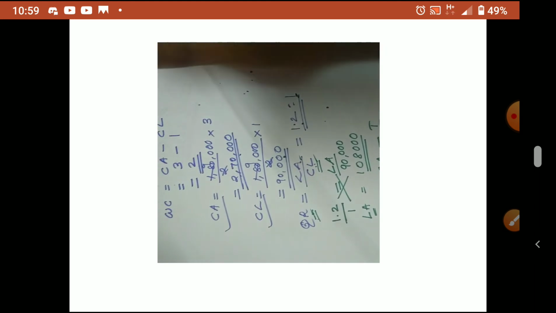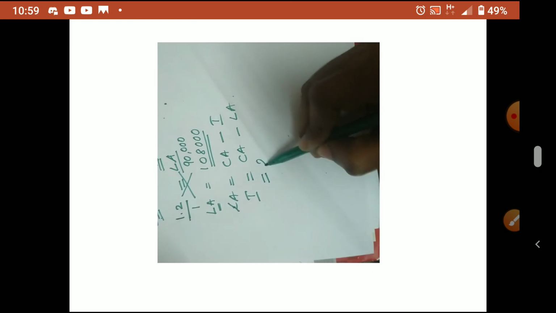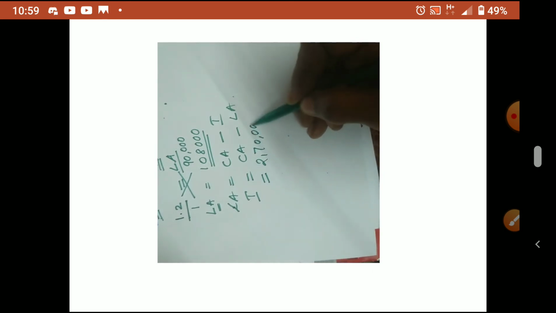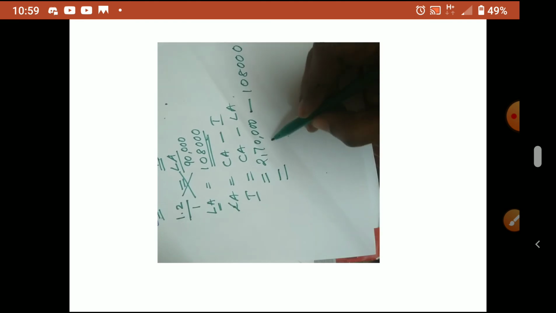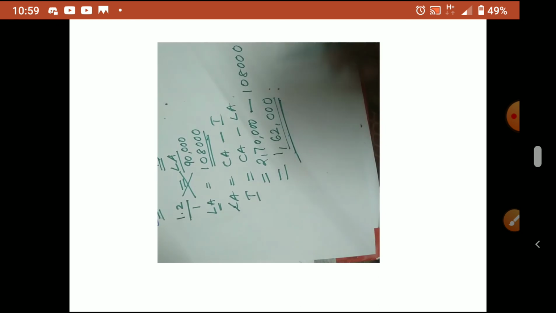So current assets 2,70,000 minus liquid assets 1,08,000. So the inventory is 1,62,000. Okay, so this way we can calculate the figures which are not given.